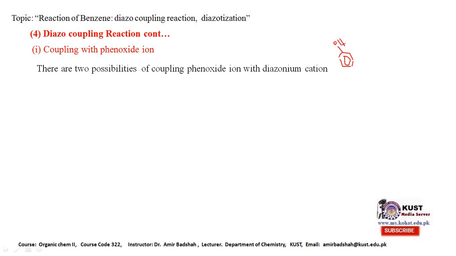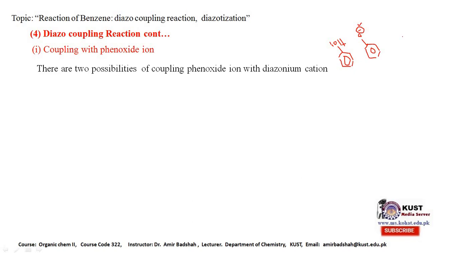But if hydrogen is removed and there is a negative charge on oxygen, then this is called a phenoxide ion. This phenoxide ion is more nucleophilic than the phenol, because here the electrons are present in the negative charge, and in phenol the electrons are present in the lone pair. So here the electron density is more, so its reactivity will be more.